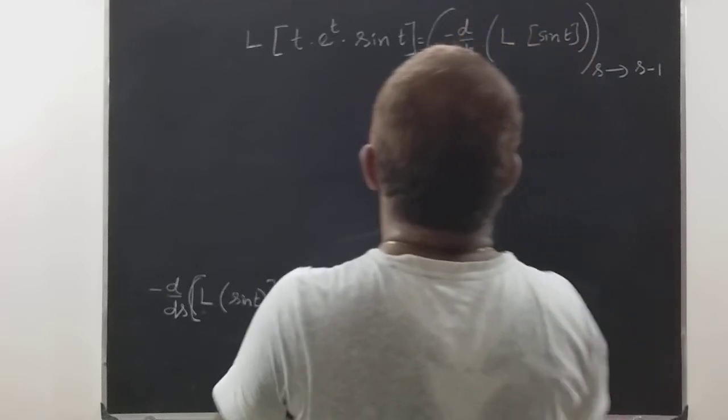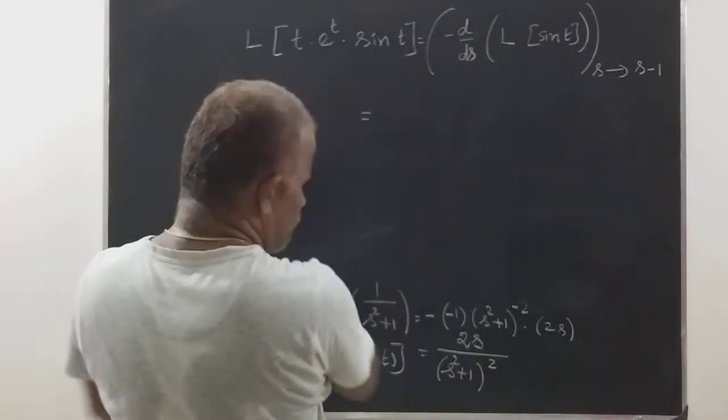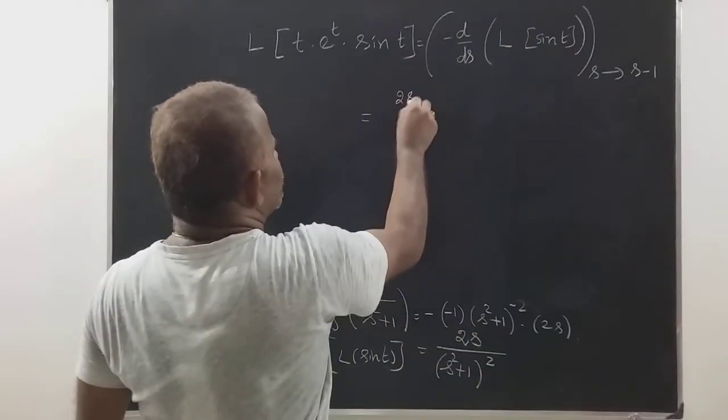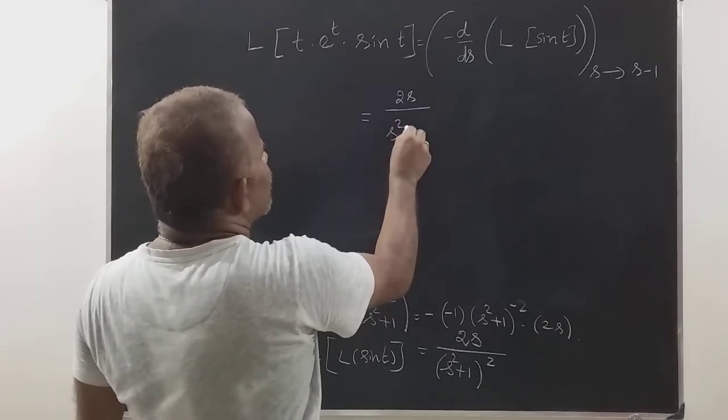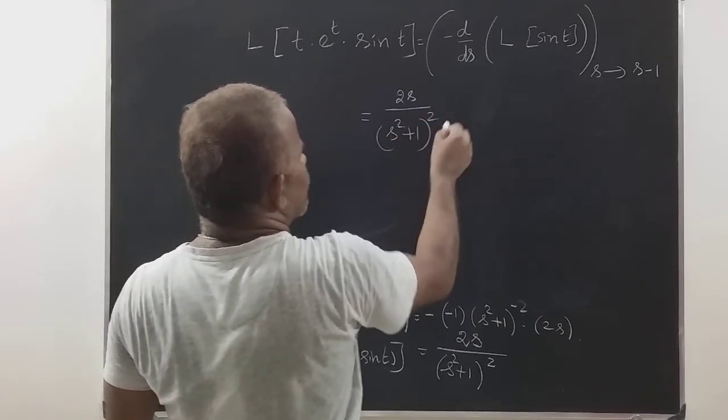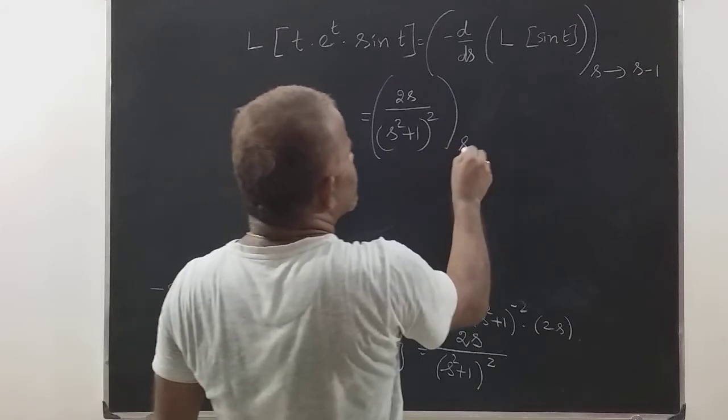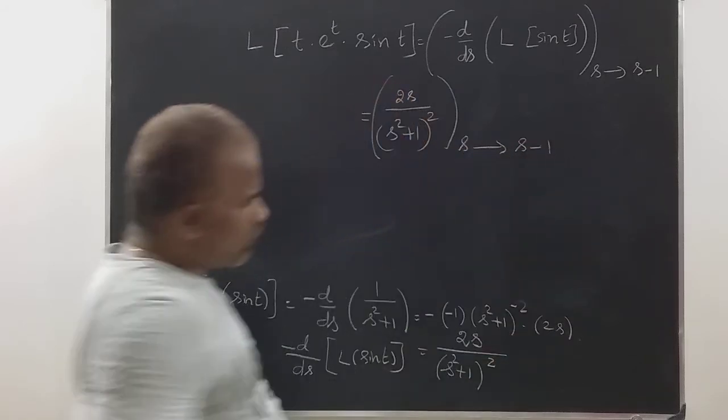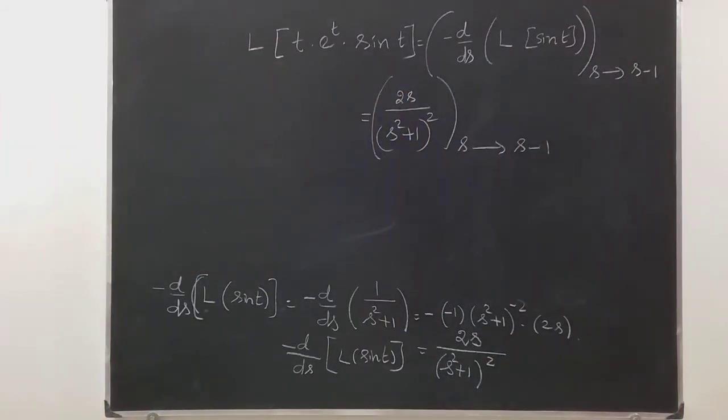So therefore here, this is equal to 2s divided by (s squared plus 1) the whole square. So therefore again s is replaced by s minus 1.